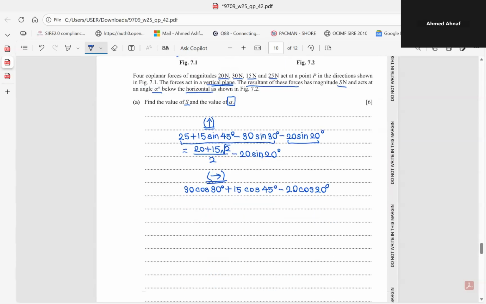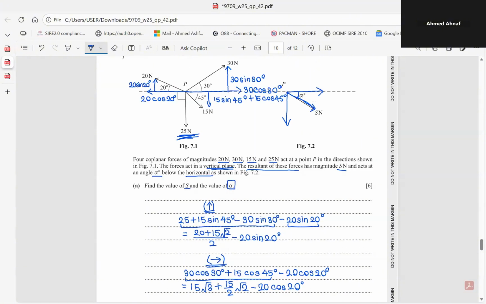Again, we'll do this one first because those are pretty perfect. Plus 15 cos 45, we would get 15 square root 3 plus 15 over 2 square root 2 minus 20 cosine 20 degrees. So this is the horizontal resultant force.